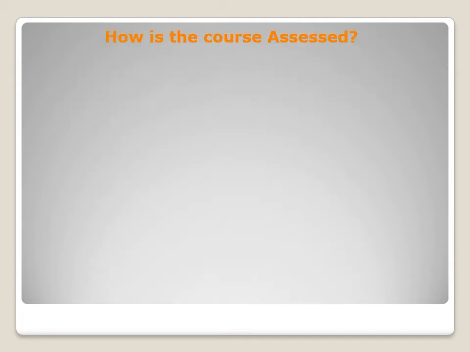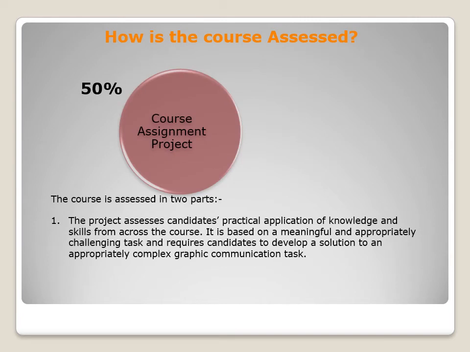How's the course assessed? Well, the course is assessed in two parts. The first part is the course assessment project, which is worth 50% of the overall award of the course. The project assesses candidates' practical application of knowledge and skills from across the course.